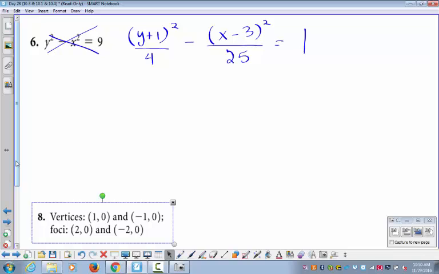I see lots of correct centers, that's good. One really common mistake is to go in order and say the center is negative 1, 3. But you have to remember that the x coordinate of the center comes from the x's, so 3, negative 1.